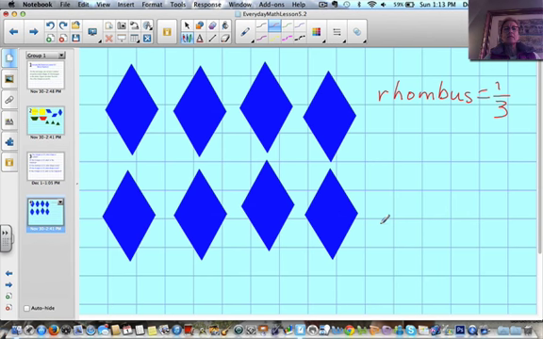Okay, so let's take a look at these rhombuses. And let's say that the value of each one is 1/3. Let's talk about the different ways we could name them. So one way is we could say, looking at them the way they're lined up right now, we could call this 8/3 because we have 8 of them.